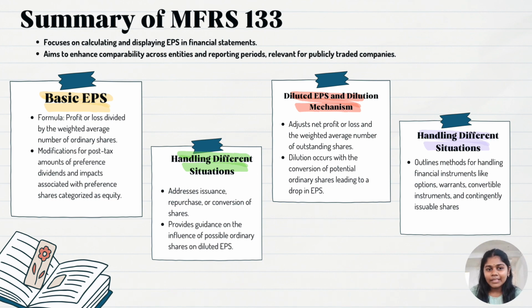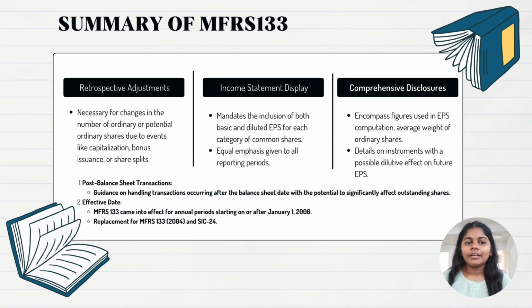The standard outlines the methodology for handling different types of financial instruments such as options, warrants, convertible instruments, and contingently issuable shares. Retrospective adjustments are necessary when there is a change in the number of ordinary or potential ordinary shares owing to events such as capitalization, bonus issuance, or share split.